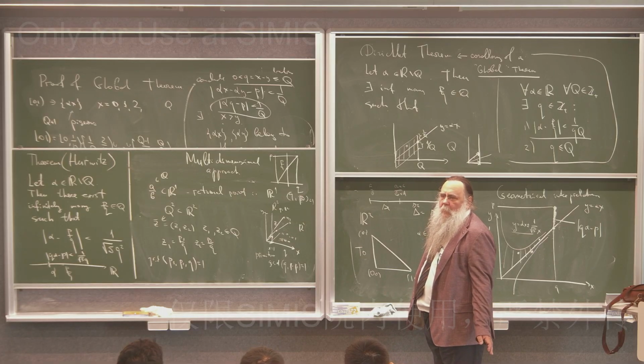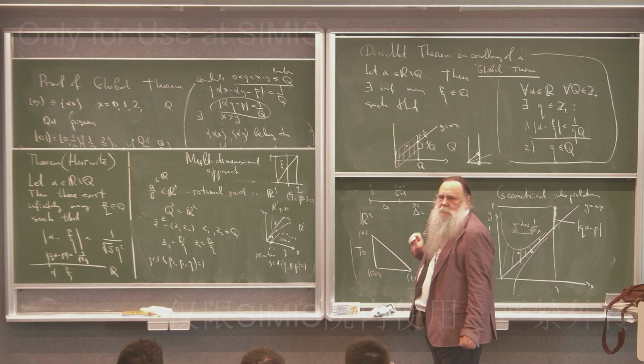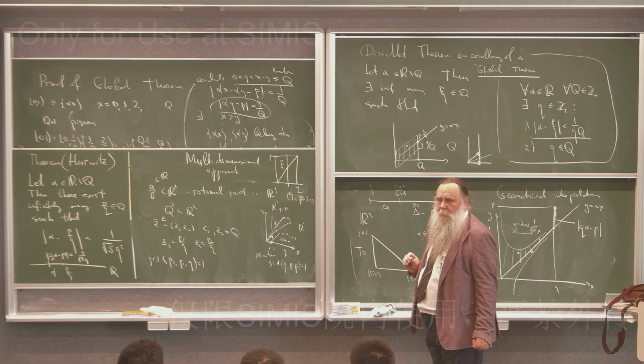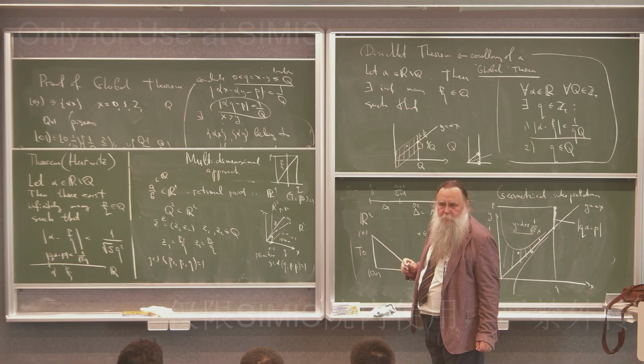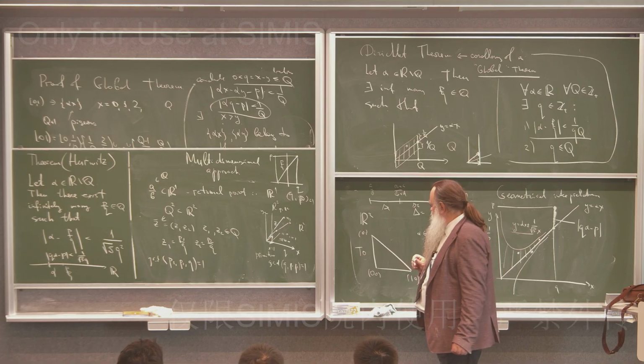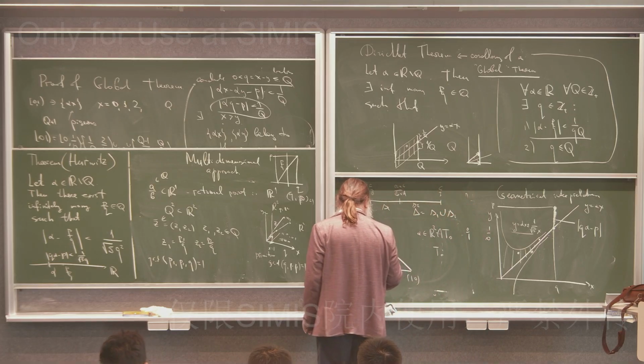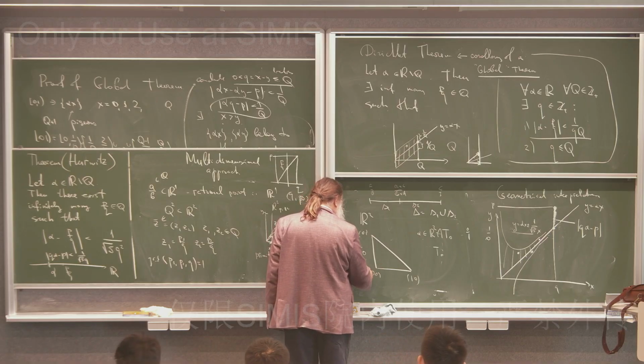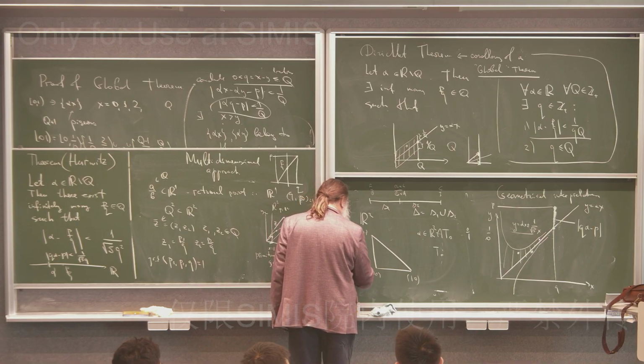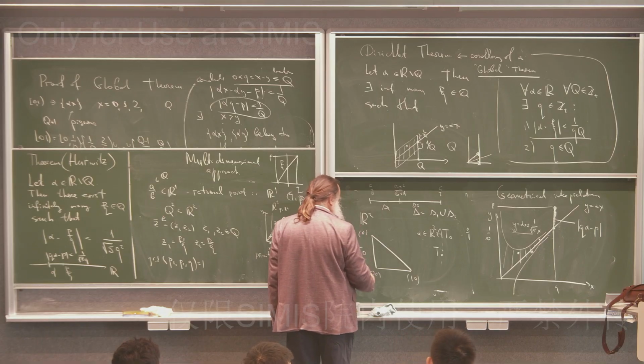Now, analogously to Stern-Bracot, we define a partition of this triangle into two triangles. Let 0, 0 be a point, we call it A0.